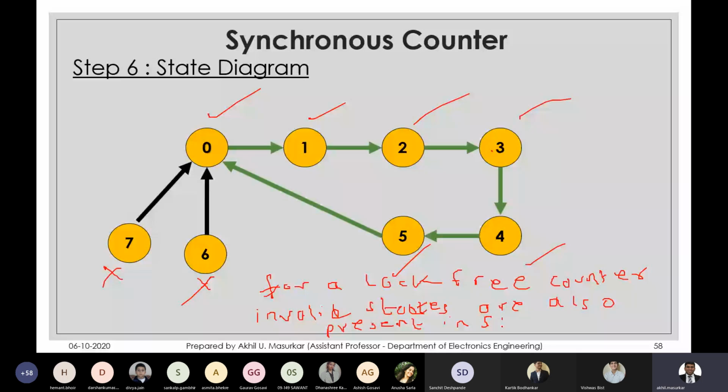Some books will write this as 0, 0, 0, then 0, 0, 1, 0, 1, 0, 0, 1, 1, 1, 0, 0, 1, 0, 1, 1, 1, 0. It depends, but I think they mean the same thing. So draw the state diagram. Very important. Especially 6 and 7 are also present in this state diagram.